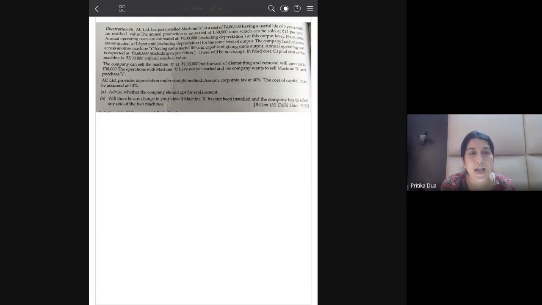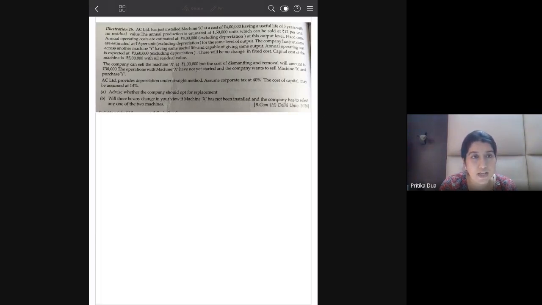The company has just come across another machine Y having useful life and capable of giving the same output. Annual operating cost is 3,60,000 excluding depreciation. There will be no change in fixed cost and hence fixed cost becomes the irrelevant cost. Capital cost of the machine is 5 lakh with nil residual value.